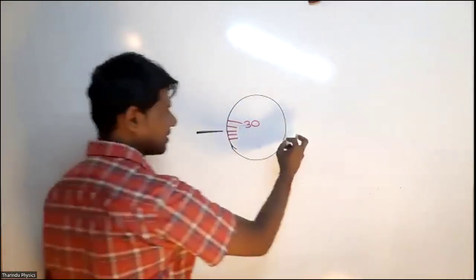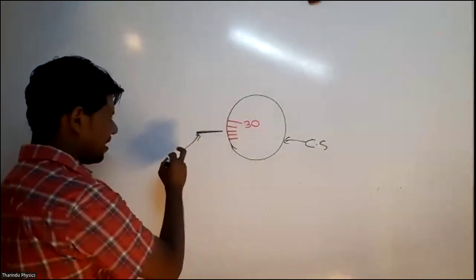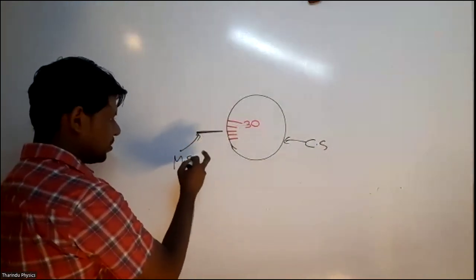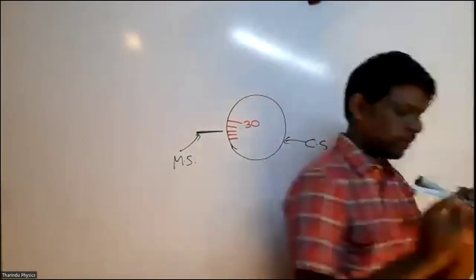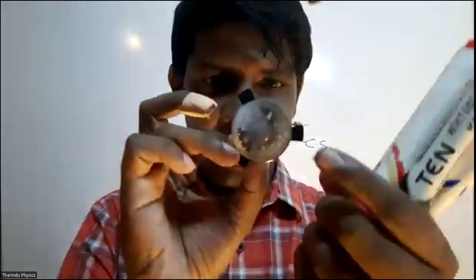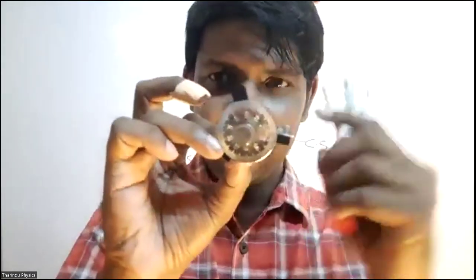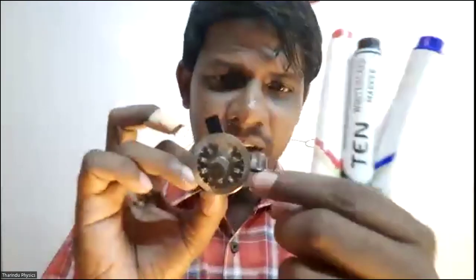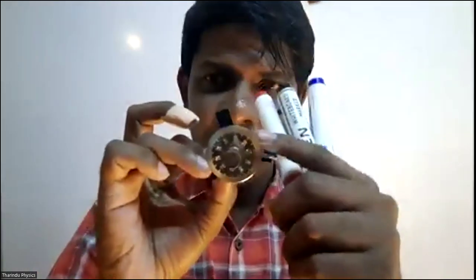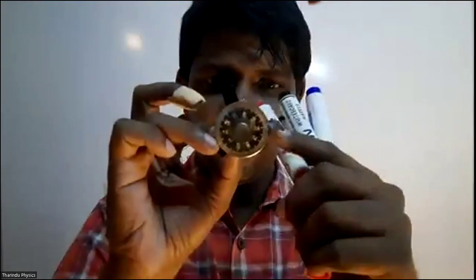What is this? Circular scale. What is this line? Main scale. When you observe this from above, you can only see the face of this line and the spherometer here. So this one acts as the indicator for the circular scale reading. You read it compared to this point. Understand?